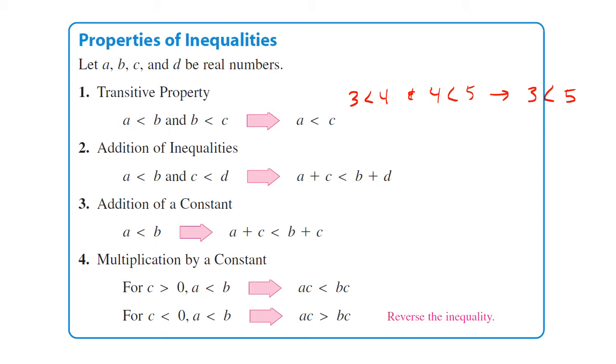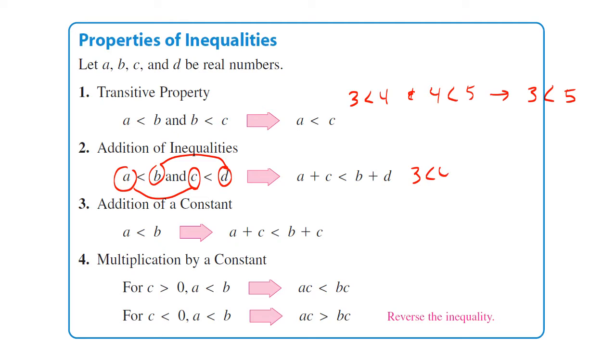Then we have the addition of inequalities. This says that if A is less than B, and also C is less than D, if we add the A and the C together, it still will be less than B and D added together. So again, I'll give you an example here. I'm going to add the A and the C together, the low end values. I'm going to add the B and the D together, the high end values.